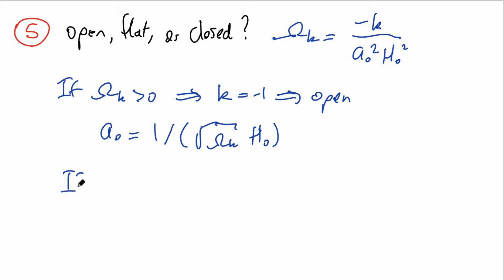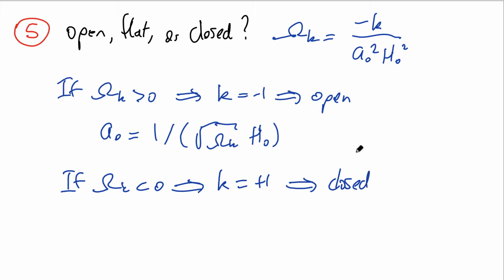Now, if omega k is less than 0, that tells us this k parameter is plus 1, and our cosmology is closed. And again, we can solve for the present day value of the scale factor. a0 equals 1 divided by the square root of the absolute value of omega k times H0.